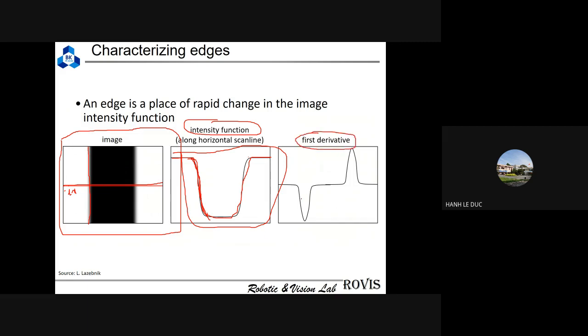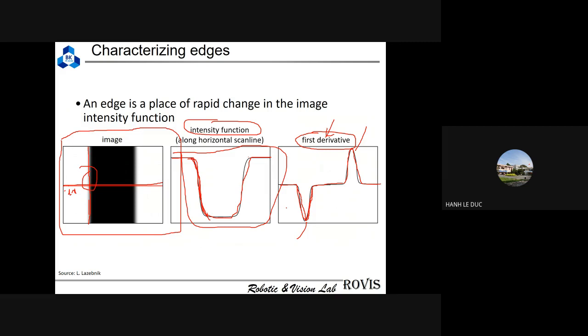When we take the derivative of the image, it will have a form like this. At the edge here, they will have the peak value. A negative peak value, and this one we have the positive peak value. So from this we know that there are two edges here. Okay.